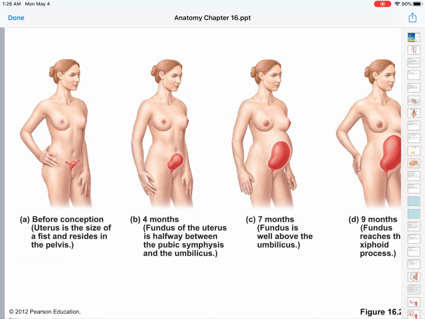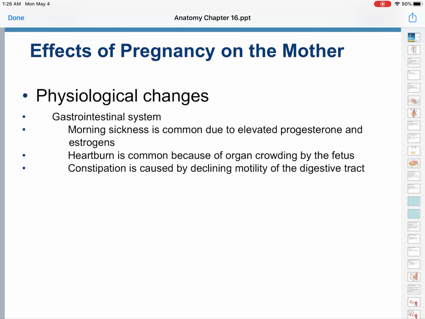Fundus is about halfway between the pubic symphysis and the umbilicus, about halfway between the pelvic bones and the umbilical cord. 7 months in, fundus has well passed the umbilical cord, and by about 9 months, the fundus reaches the xiphoid process, which is the base of your sternum. So it is reaching up into and touching the very base of your sternum at 9 months. It has grown quite a bit.